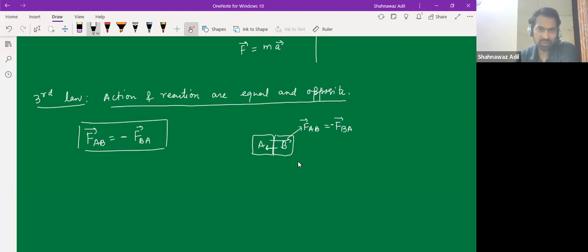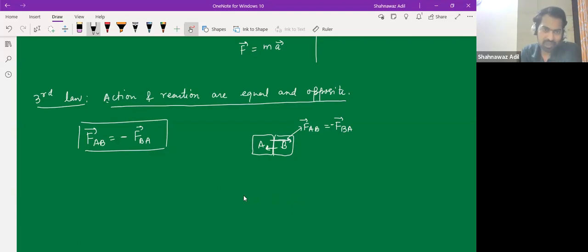But for now, only remember that whenever we apply some force on an object, the object will apply the same amount of force, but in the opposite direction. Action is that object A applies some force, and the reaction is this one. This is Newton's third law.